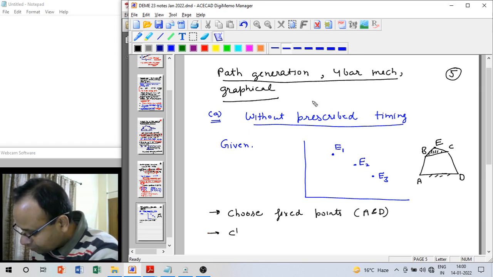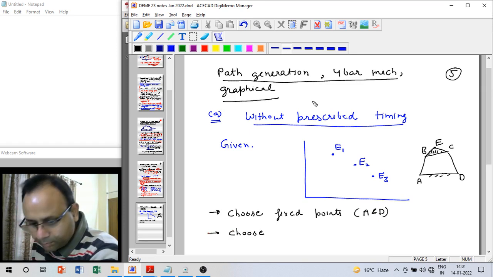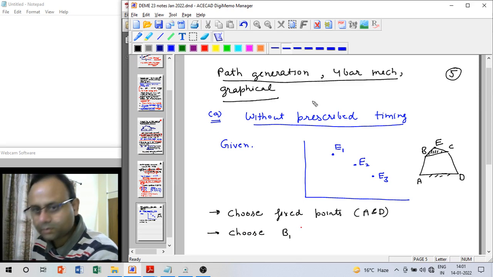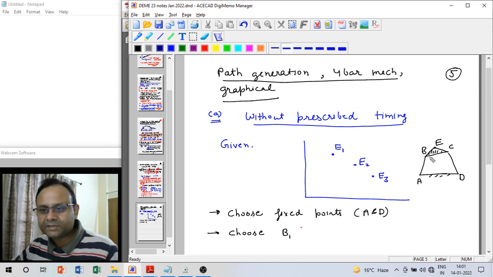And then also choose point B1, that means location of B. See, there are 3 positions, position 1, 2, 3. So you can say B1, B2, B3. Corresponding to that, there is C1, C2, C3, and there is E1, E2, E3.